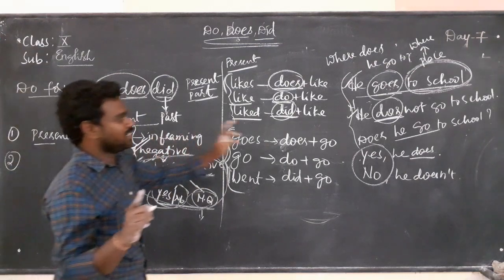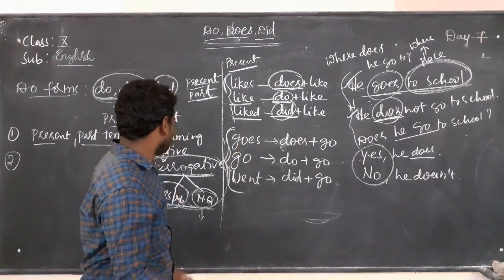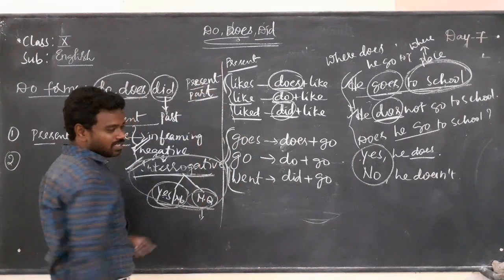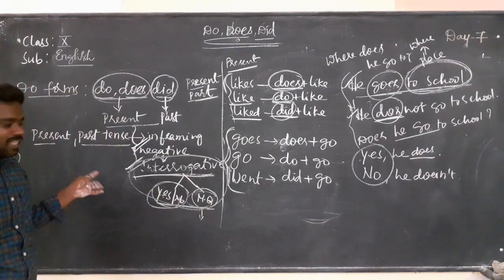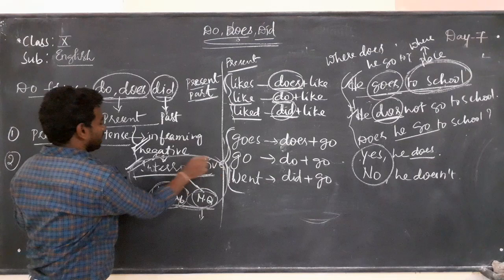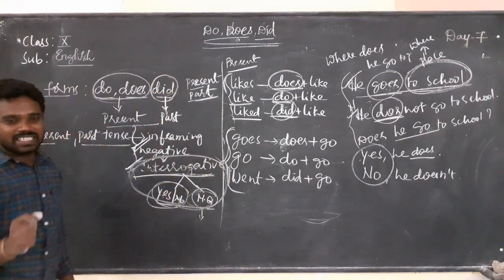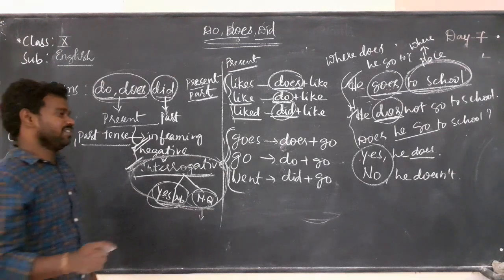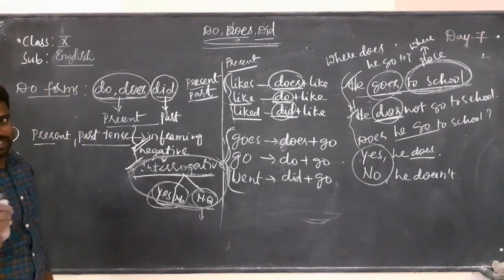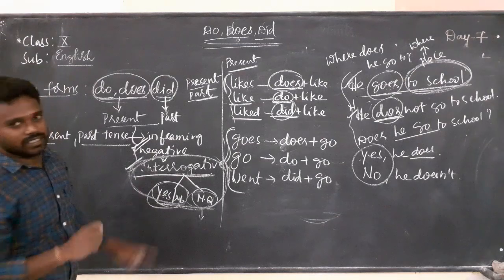If you do not get a clear idea about do, does, did, you will write mistakes and you lose the mark over here, right? So practice do, does, did. It's very important.